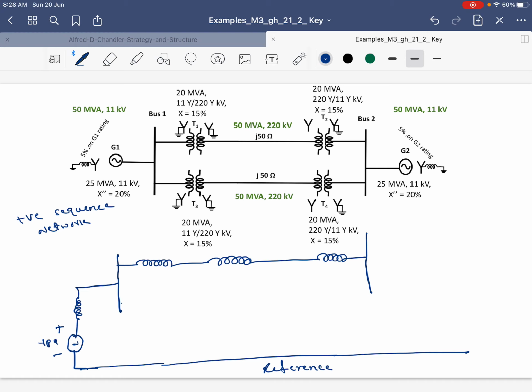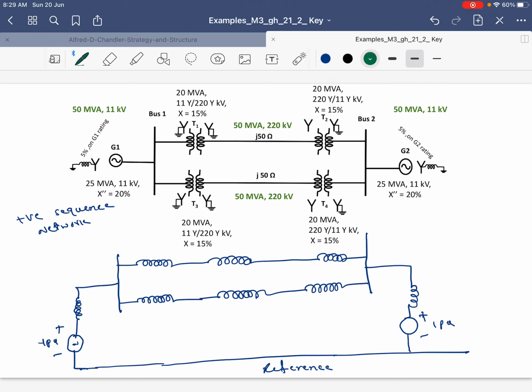The next line is transformer T3, transmission line, then T4, and it is connected to the bus. Afterwards, lastly there is generator 2, that is once again represented by its positive sequence reactance and a source of voltage, that is 1 per unit.